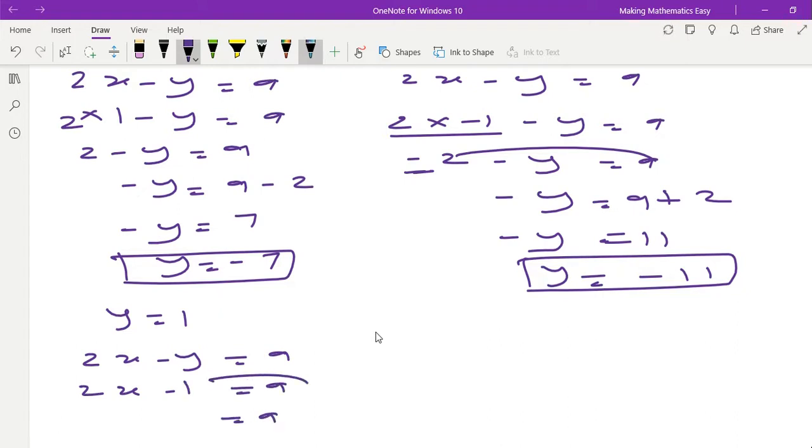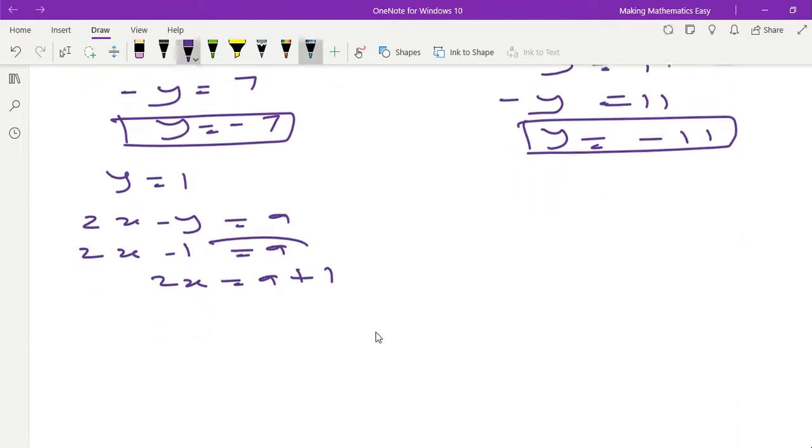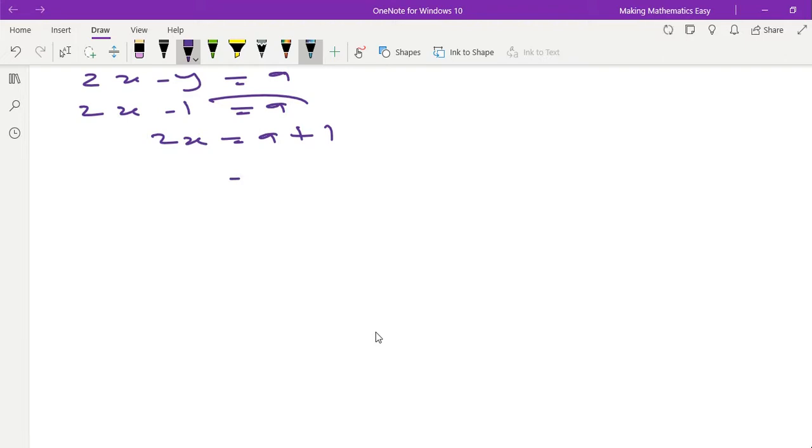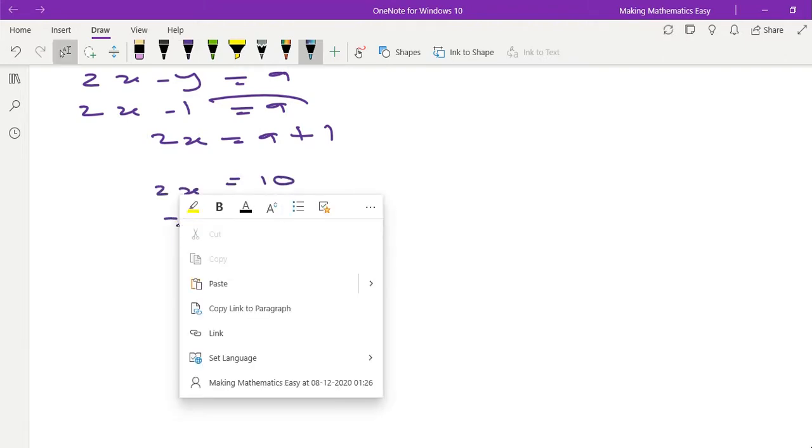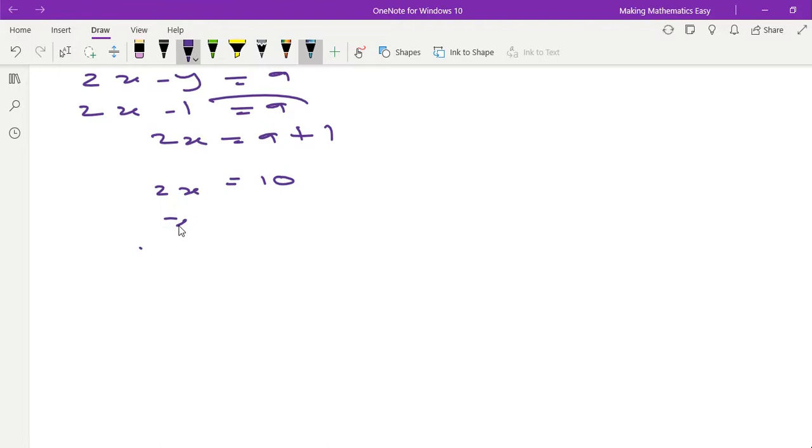So when this 1 goes over here, this will become positive. This is already 2x. So this becomes 10. This is 2x. When this 2 goes on the right hand side, this is multiply, so that will get divided. So this will be 5.